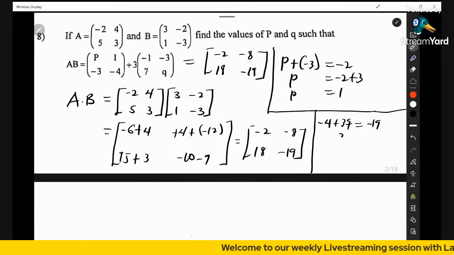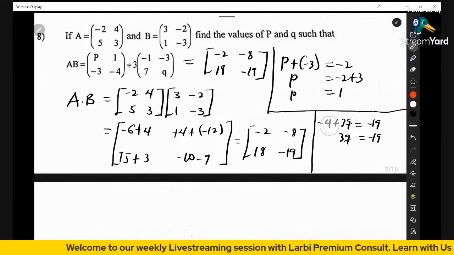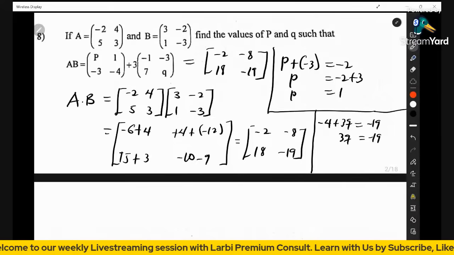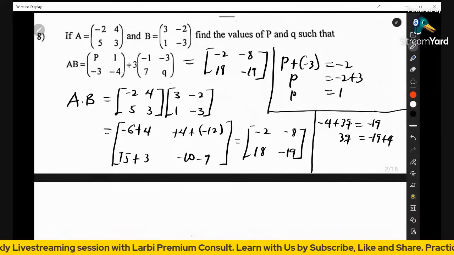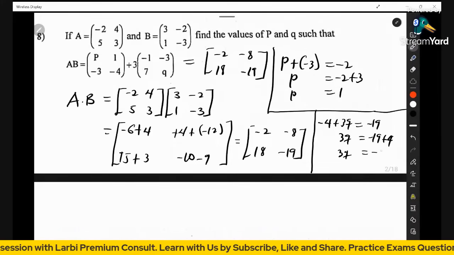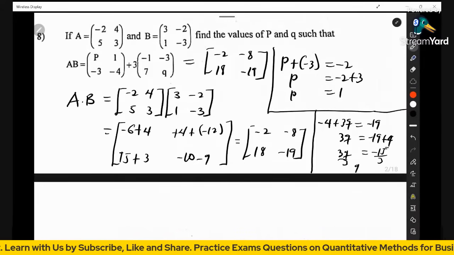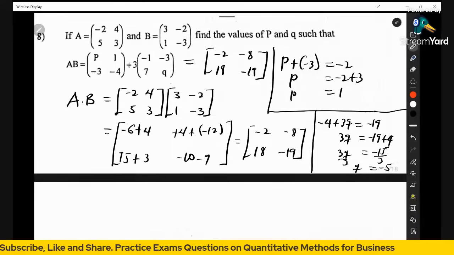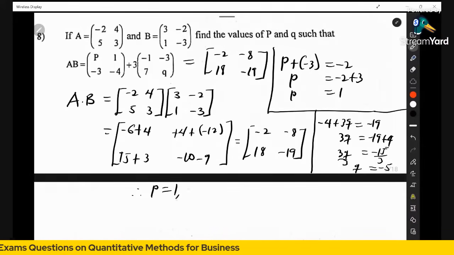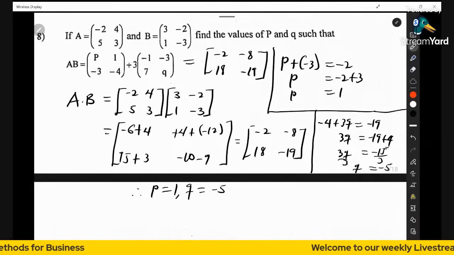So at the end of the day, we'll have 3Q equal to -19. Remember, this is -4. When you join the -19, you get positive, so plus 4. So 3Q should be equal to -15. Divide both sides by 3, then we get Q to be -5. So therefore, our P is equal to 1 and our Q is equal to -5. So let's take note of that.